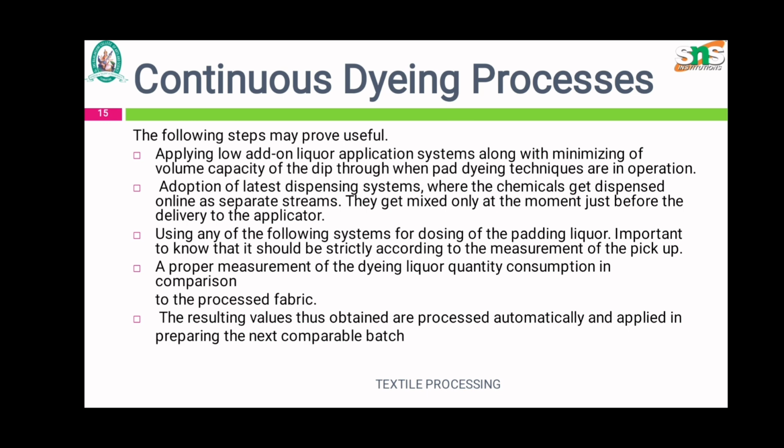They get mixed only at the moment just before the delivery to the applicator. Using any of the following systems for dosing of a padding liquor, it is important that it should be strictly according to the proper measurement of dyeing liquor quantity consumption in comparison to the processed fabric.